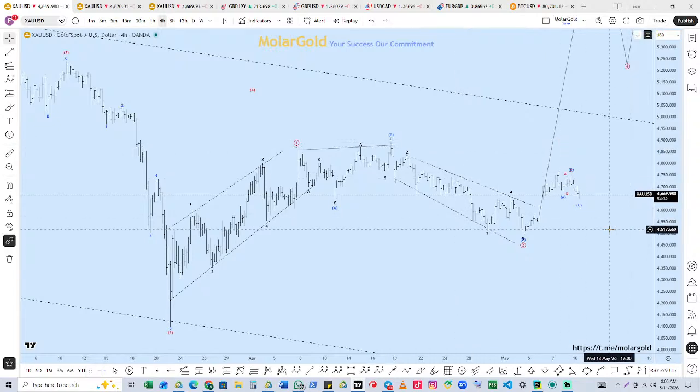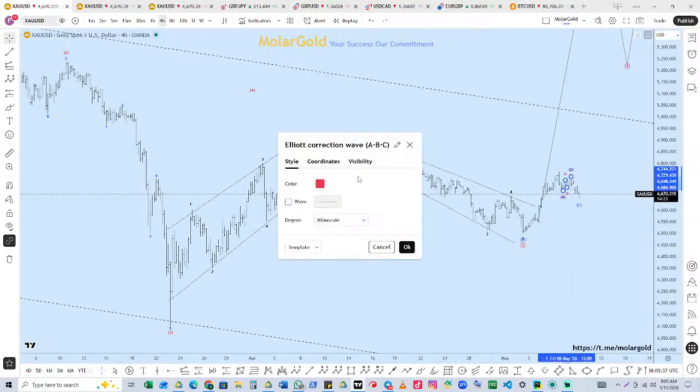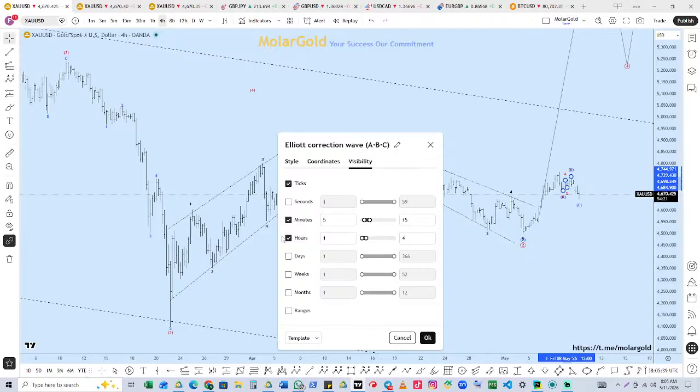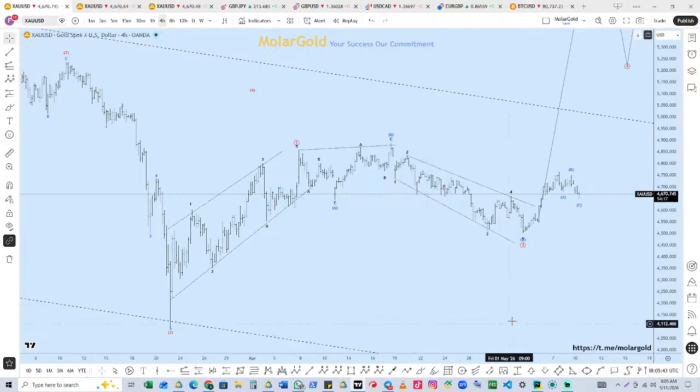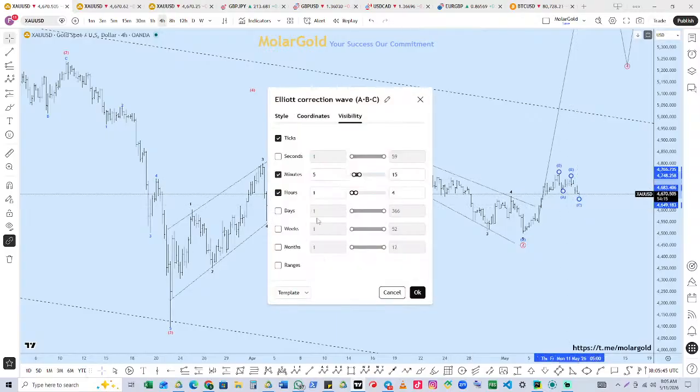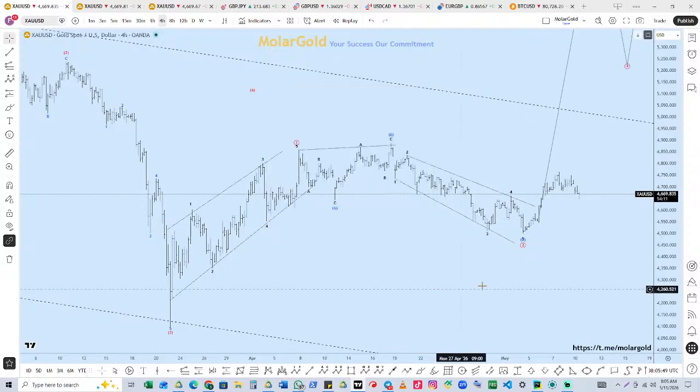I showed you 3 different setups, which are actually happening in gold. And those setups are very interesting, everything we spoke about played out as expected. Because of that, we're still continuing with that same structure.